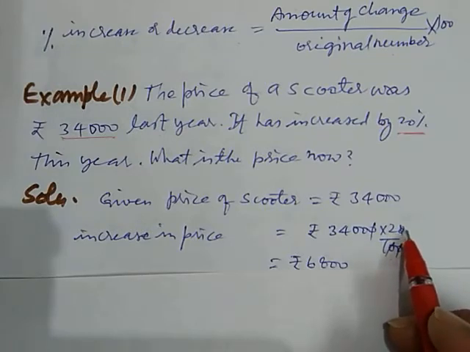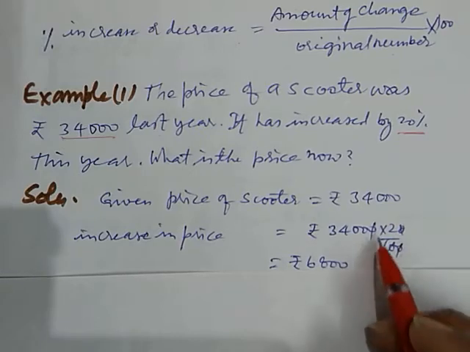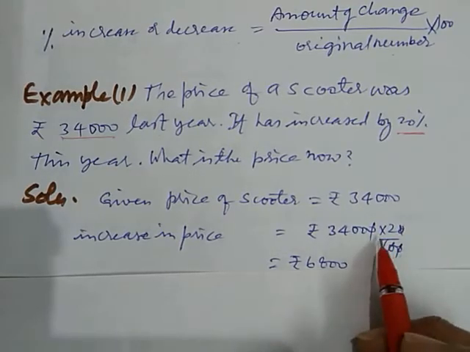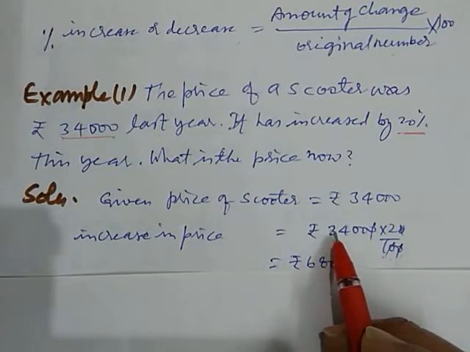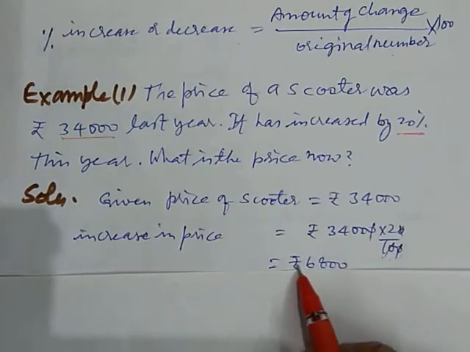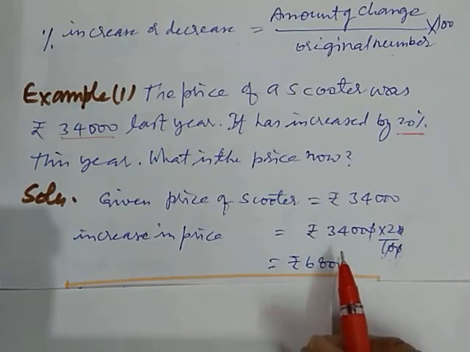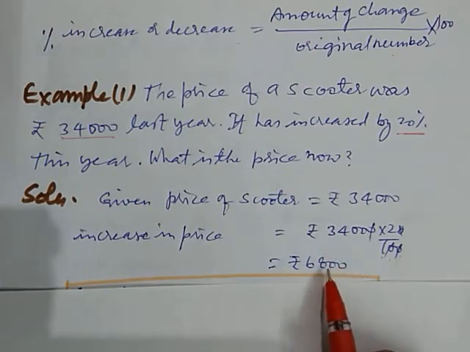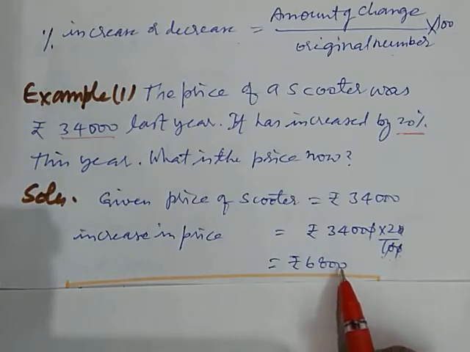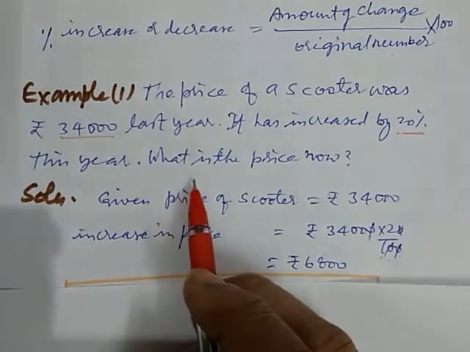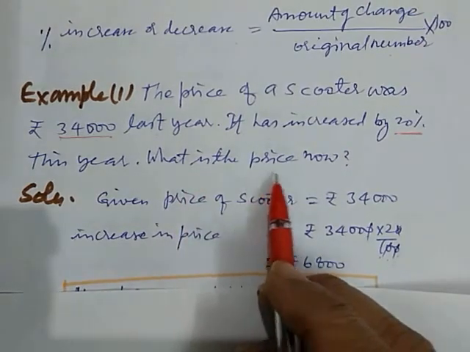So 20% is 20 by 100. This 0 cancels out by this 0, this 0 cancels out by this 0. So 3400 into 2 is rupees 6,800. This is the increase in price.